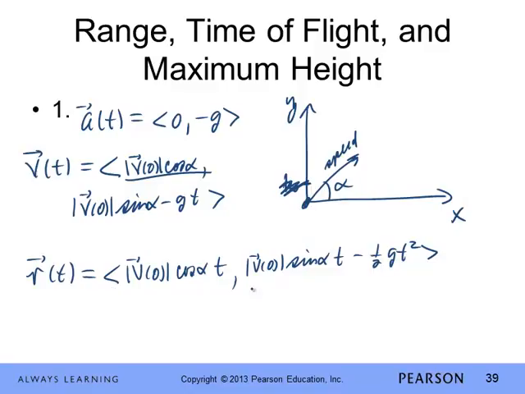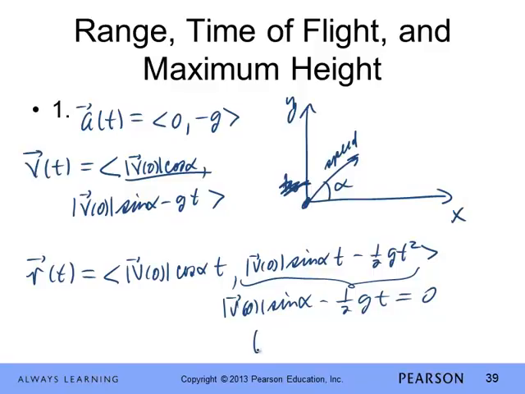So if you were to set this y component equal to 0, of course, one solution would be t equals 0. The other solution would be when the initial speed times the sine of alpha minus 1/2 gt is equal to 0. And then you could solve for t by adding 1/2 gt to the other side and then multiplying both sides by 2, and dividing both sides by g.